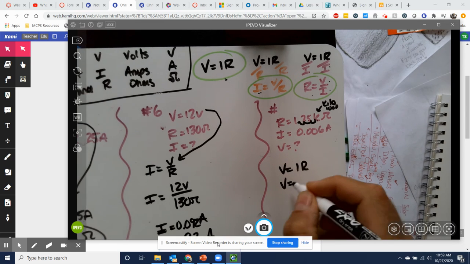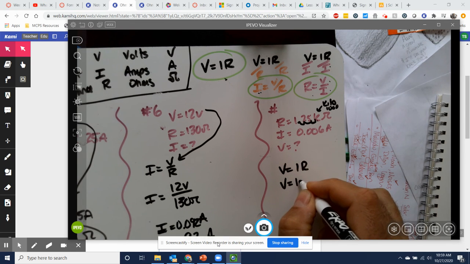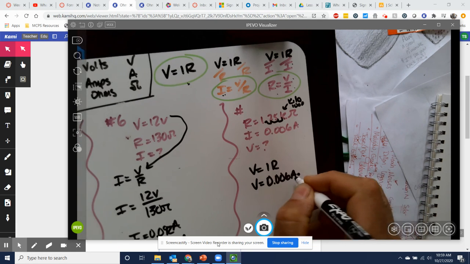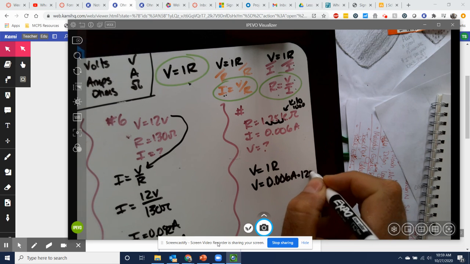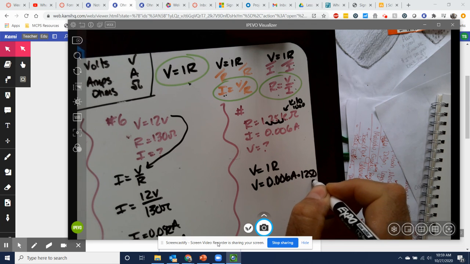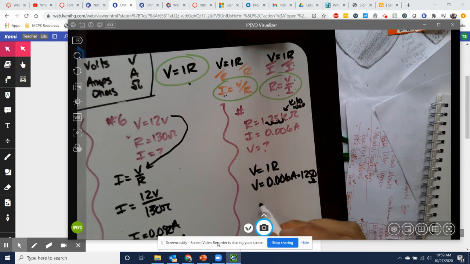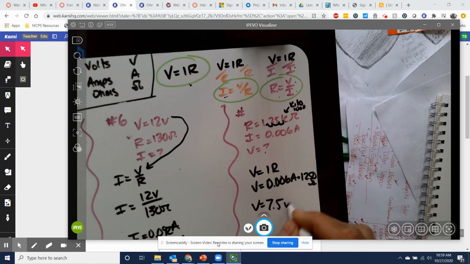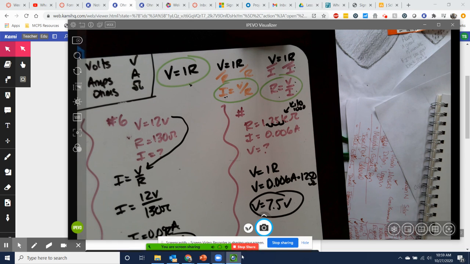So voltage is equal to the current, 0.006 amps times 1,250 ohms resistance. And therefore my voltage is 1250 times 0.006, 7.5 volts. All right, and that is that.